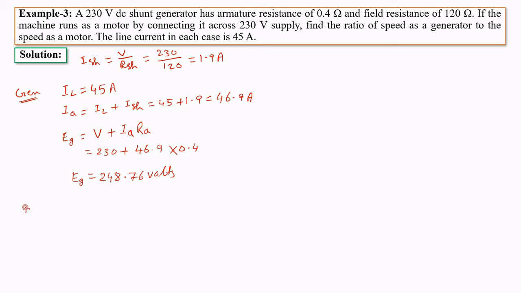Now consider the machine is working as a motor. In this case, the line current is again 45 ampere, and in case of a motor, the armature current will be line current minus field current. So here it will be 45 minus 1.9, and that is 43.1 ampere.